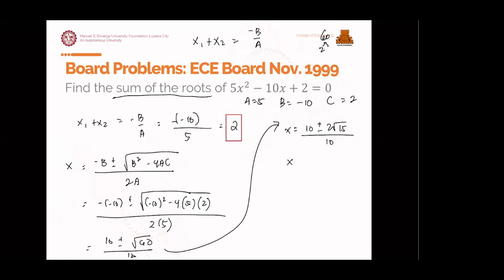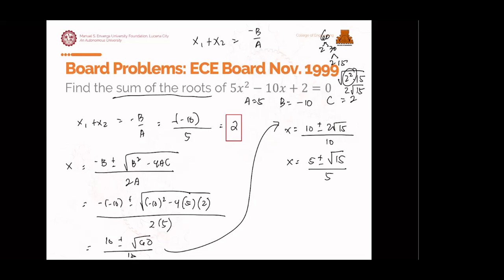Divide natin all by 2 lang. So, 5 plus minus square root of 15 all over 5. Pakita ko lang din, baka magtaka kung paano naging 2 square root of 15. That will be square root of 2 squared times 15. So 2 squared, pwede natin ilabas kaya naging 2 square root of 15.